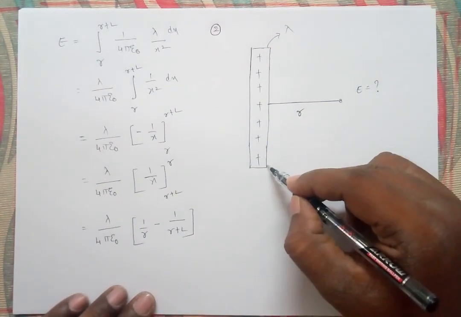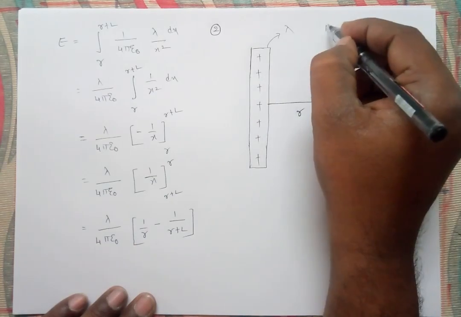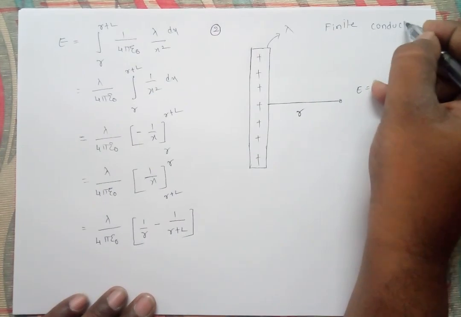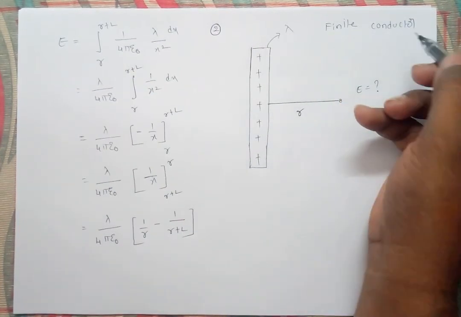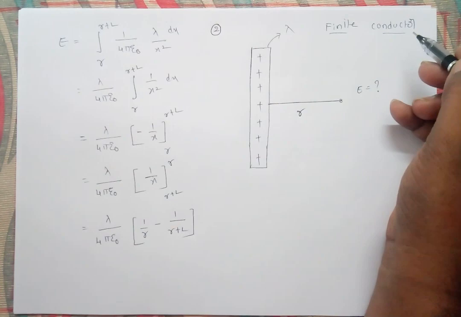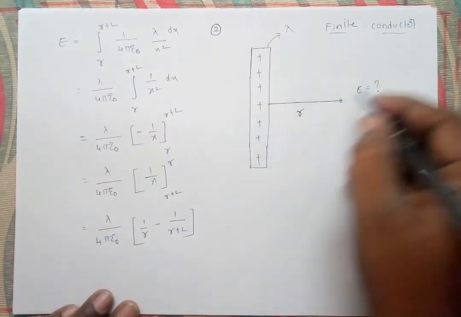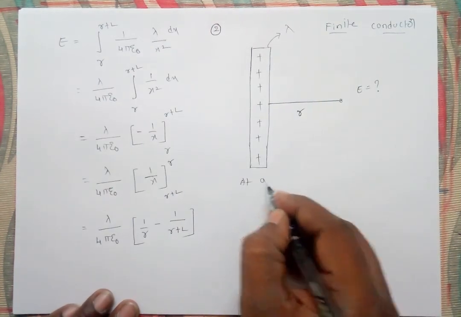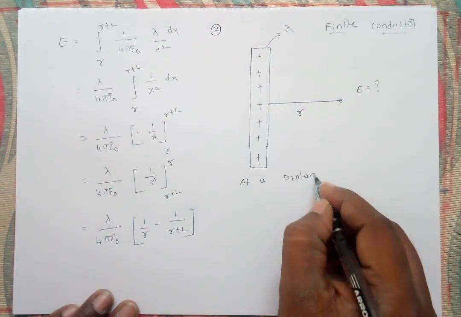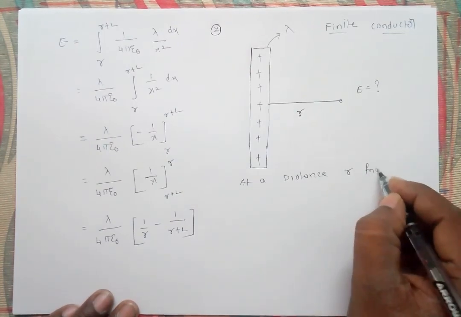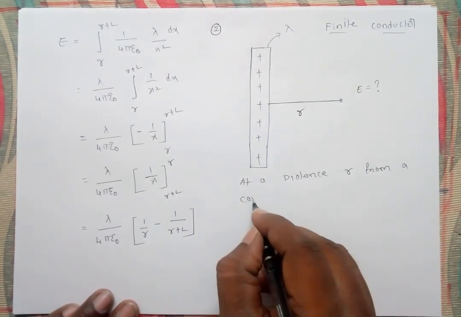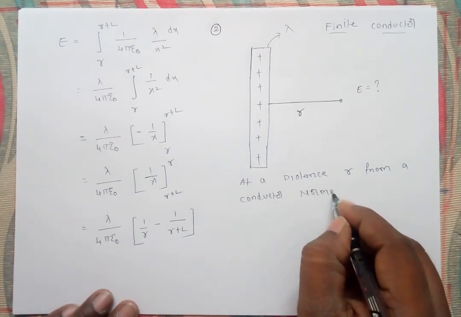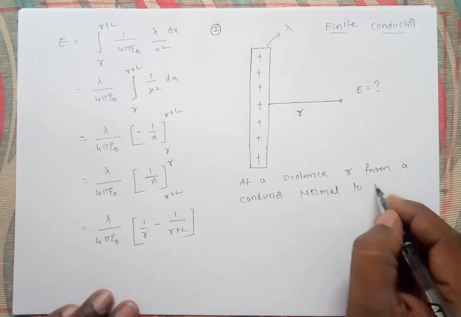So this is a finite conductor, and we consider a point at a distance r from the conductor, normal to it.